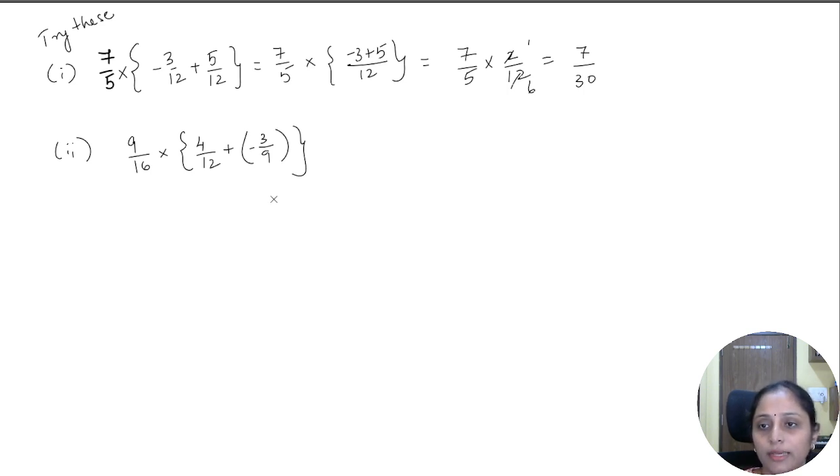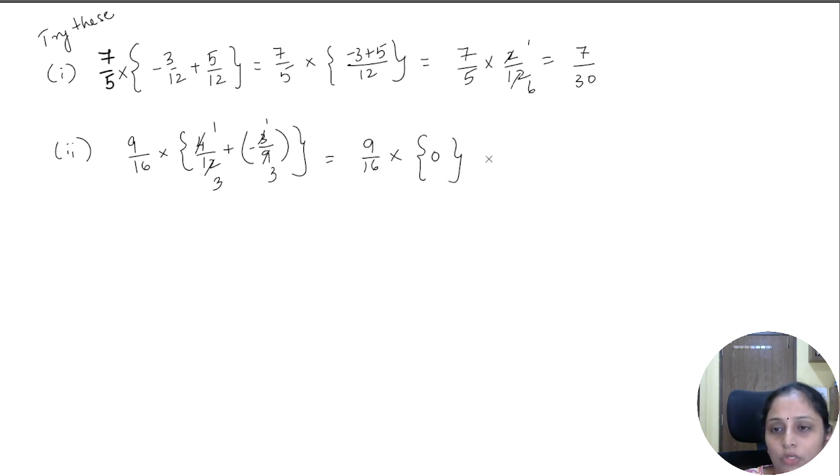I will get 9 by 16 into, now I have to take the LCM of 12 and 9, or before taking the LCM, if I simplify this, I am going to get 1 by 3 here and 1 by 3 here, and 1 by 3 minus 1 by 3 is 0, so the answer is going to be 0 here. So you can see clearly that by using the distributive property, our calculations have become very easy.